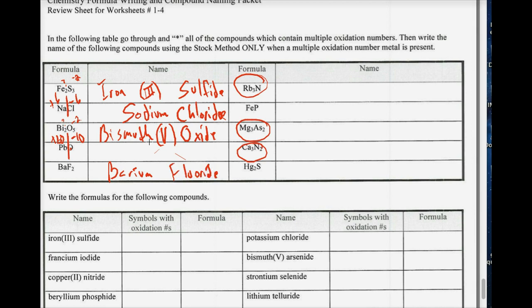But if the metal is not in those first 2 columns, or silver, zinc, or aluminum, then you do have to use the stock system. The stock system is the Roman numeral. It's the charge of the metal. And that handles all of our ionic binaries. So our first 2 naming systems are now complete.